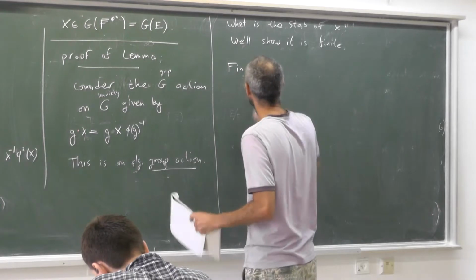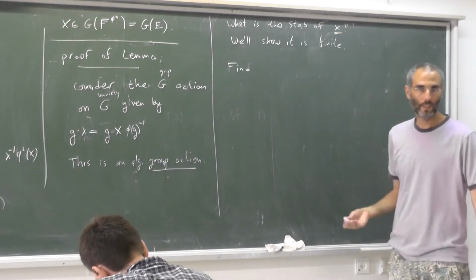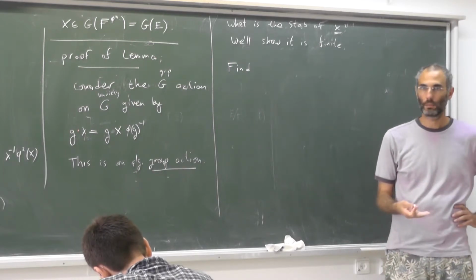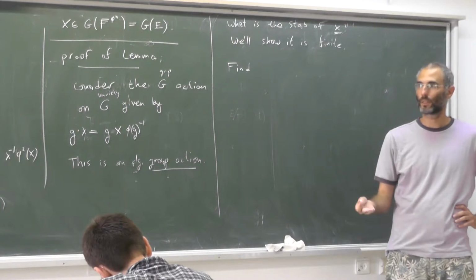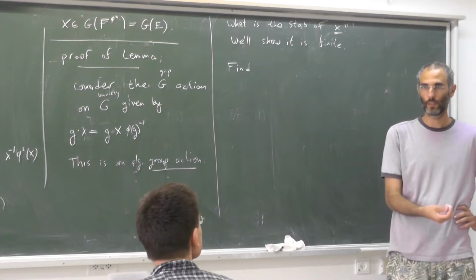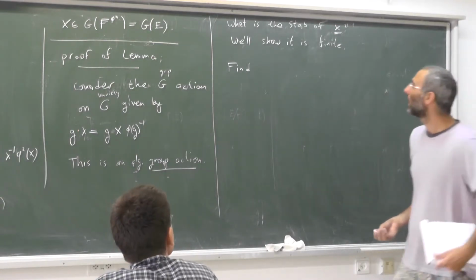So first of all, now I fix an x in F bar. F bar is just the union of increasing finite fields, right? Every element is algebraic over F and sits in a finite field itself.